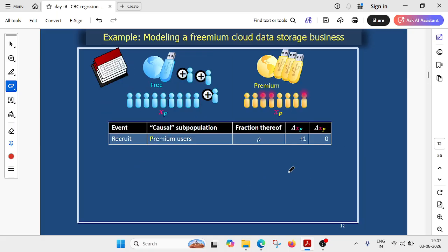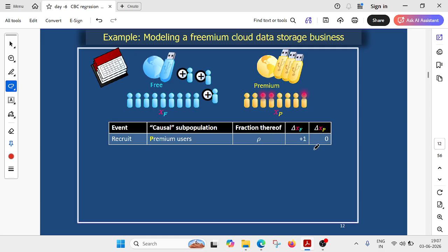Now an example of modeling a freemium cloud data storage will be like this. I have taken a few things, but I am going to show you. This is free and this is premium: XF for free, where F means free and pre means premium. The event is recruit, and the casual subpopulation we have taken is premium users, with fractional rho, and then we take this as 1 and 0.